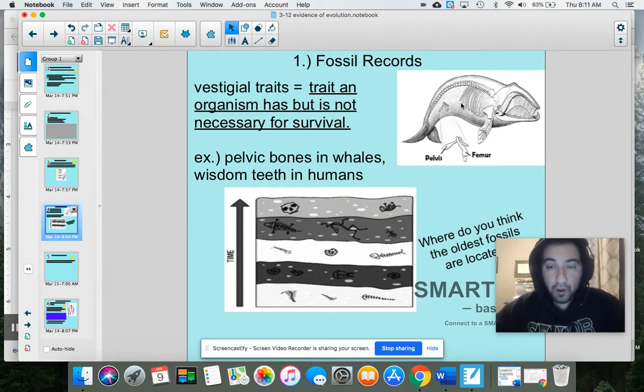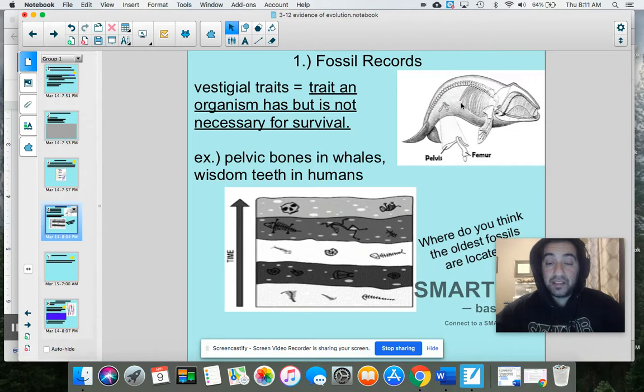The pelvic bone supports a mammal or an animal to walk. Whales don't walk, they swim. So the evidence suggests, according to the fossil records, that there was once a time when whales were land mammals. They walked.